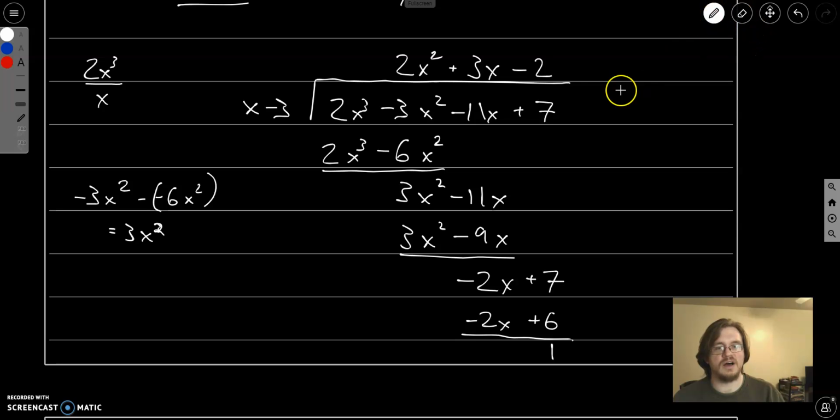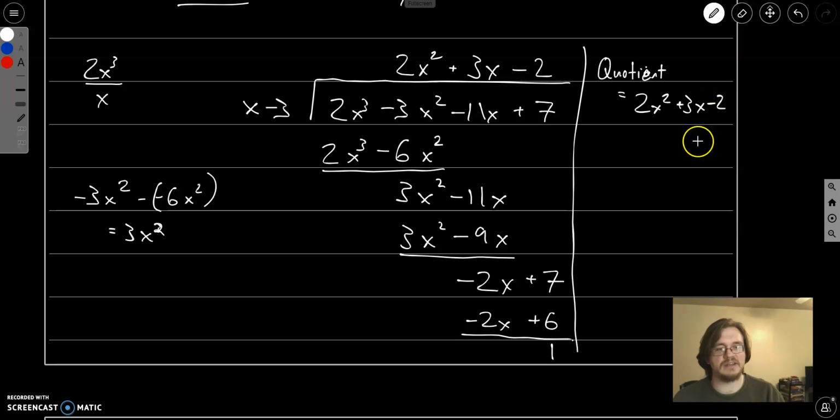So, after all is said and done, I've run out of terms. So, the quotient is going to be equal to 2x squared plus 3x minus 2. And the remainder is going to be equal to 1.